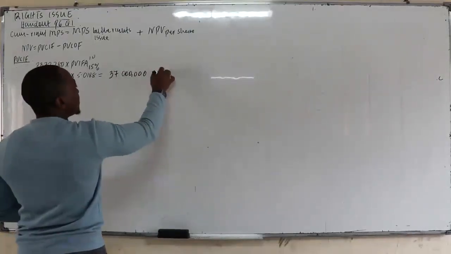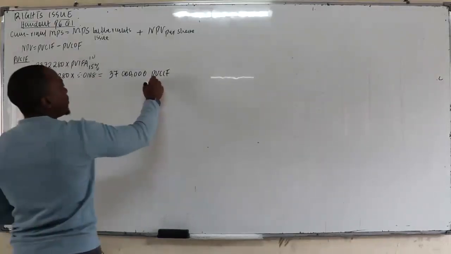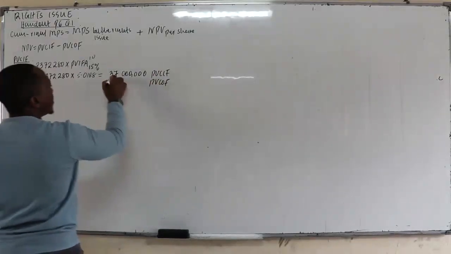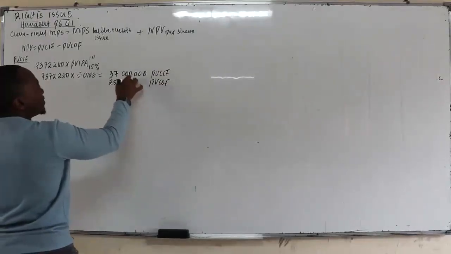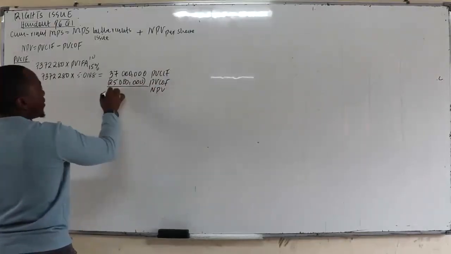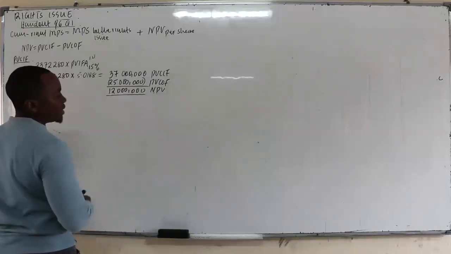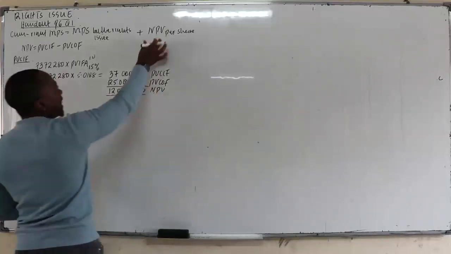So this is the present value of cash inflow, but we need to get the NPV. So we deduct the present value of cash outflow, of which we're investing 25 million. Therefore, we have a net present value of 12 million. But what we need is the NPV per share.